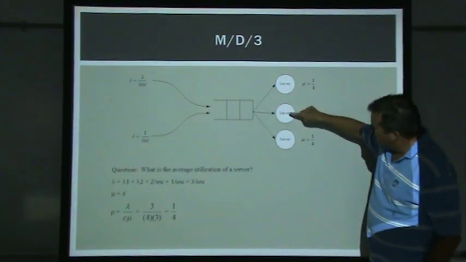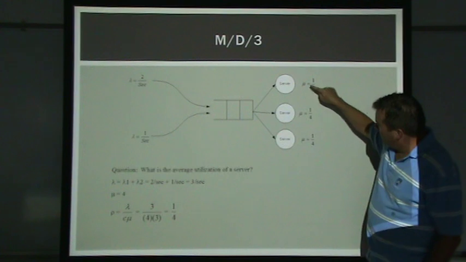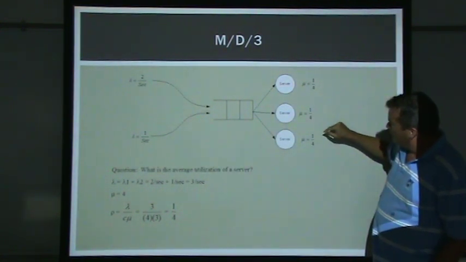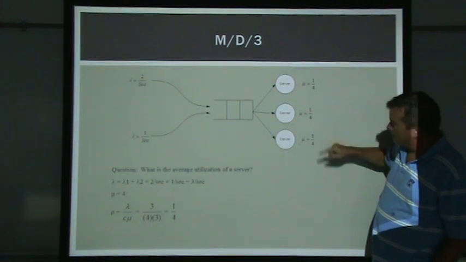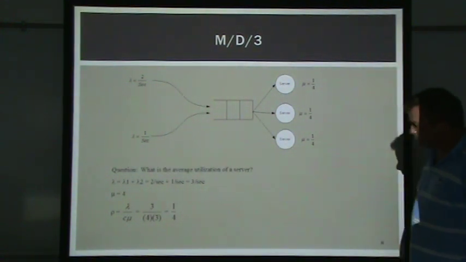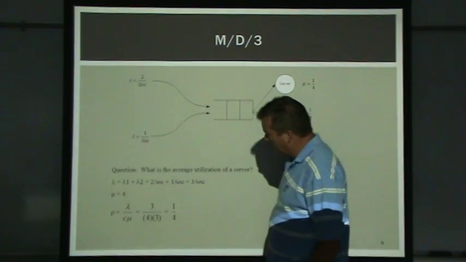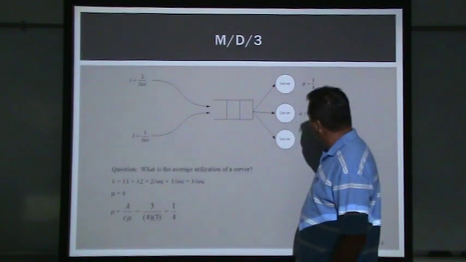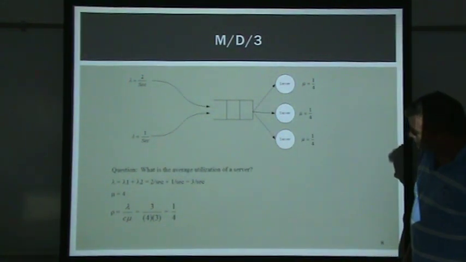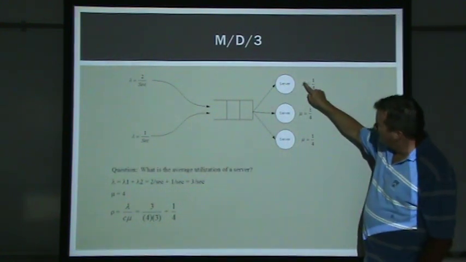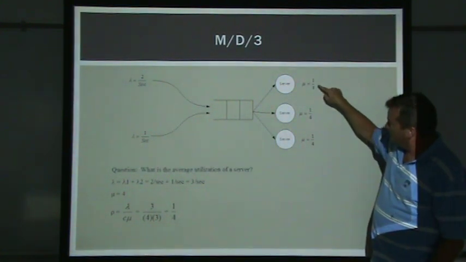The speed at which the servers run is 1/4. So what that means is the rate is 1/4 of a job per second. Okay, so mu is 4. Oh, wait a minute, this should actually be the reciprocal of the rate.